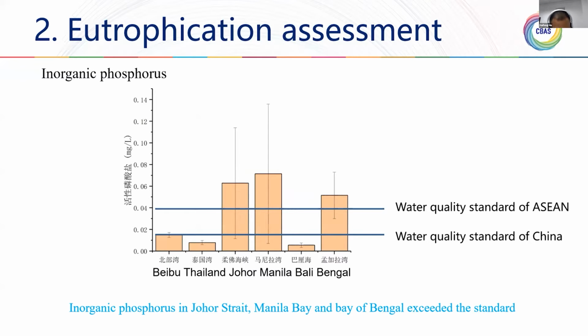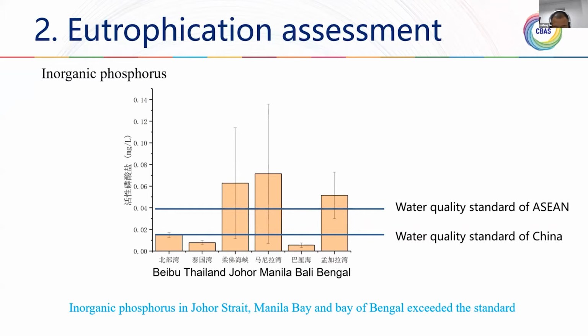Here are the results of inorganic phosphorus in 6 study areas. The yellow columns represent the average values, and the bars represent standard deviation. The water quality standards in terms of inorganic phosphorus are different between China and ASEAN countries, as indicated by the 2 blue lines.